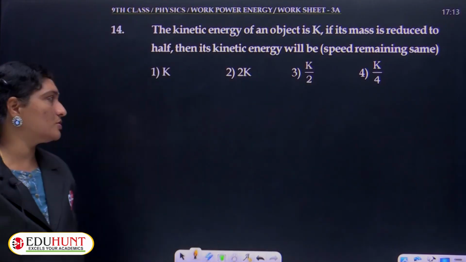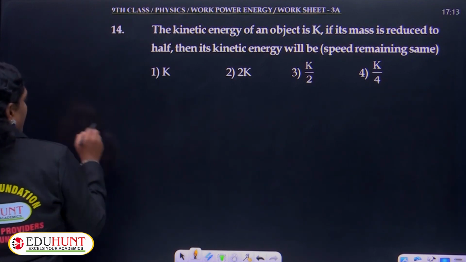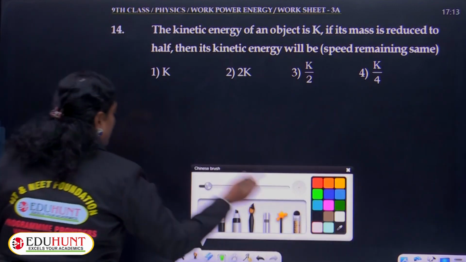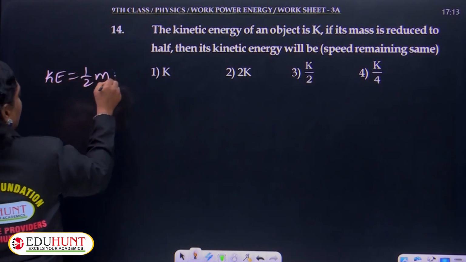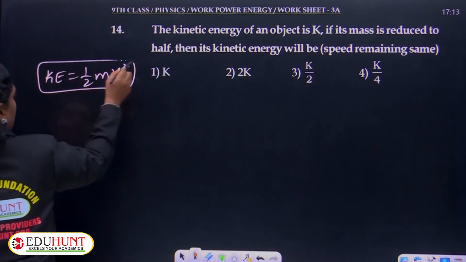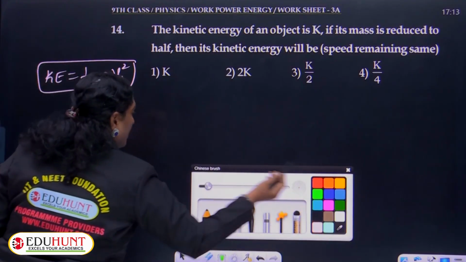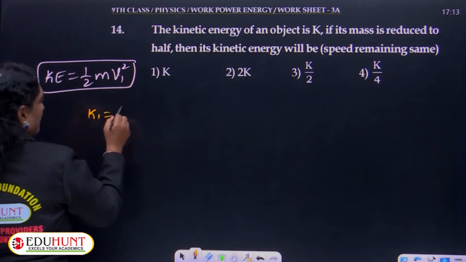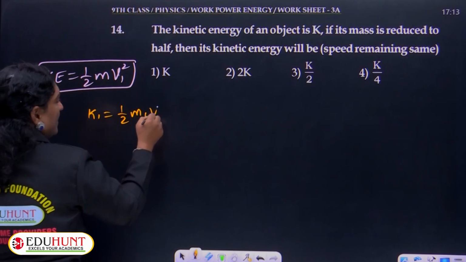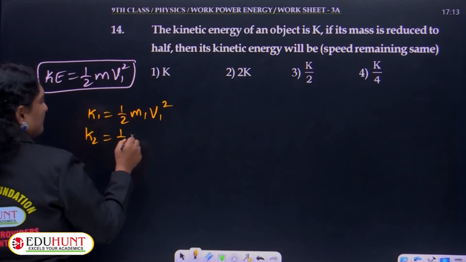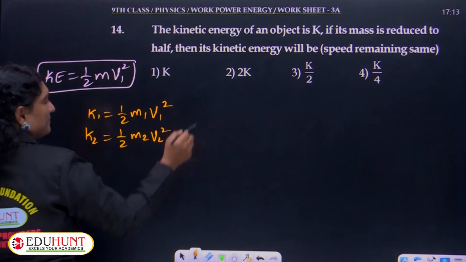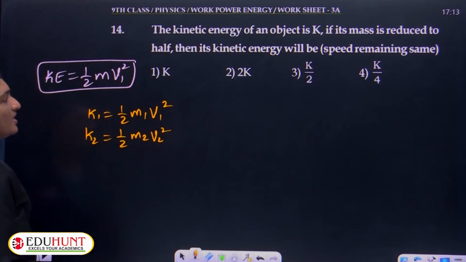Similar to the previous problem, the formula for kinetic energy is half mv square. The first kinetic energy K1 equals half m1 v1 square, and the second kinetic energy is half m2 v2 square. But what are the given conditions?